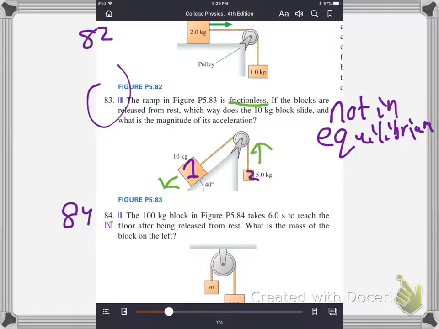Basically, draw a free body diagram for each object. And remember the acceleration is the same, but the acceleration can be positive for one and negative for the other, depending on the direction of its acceleration. Okay? All right, good luck.